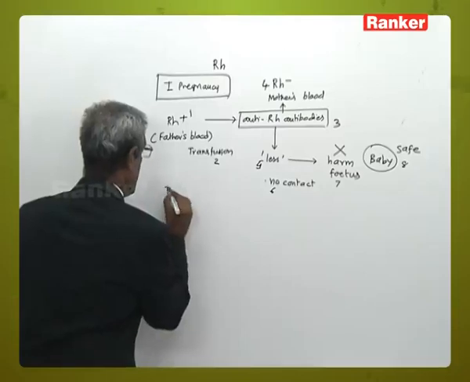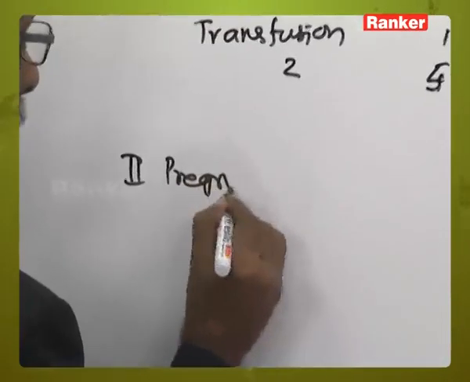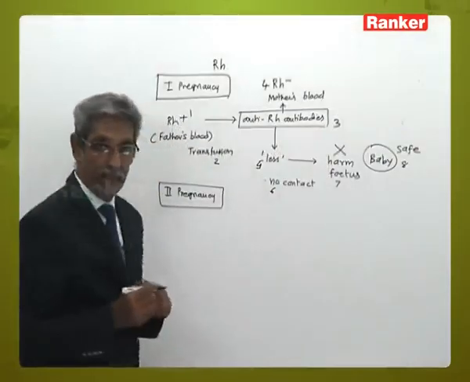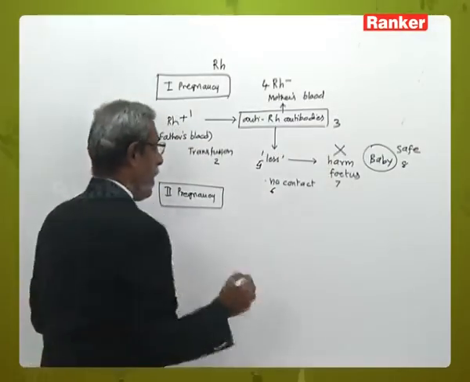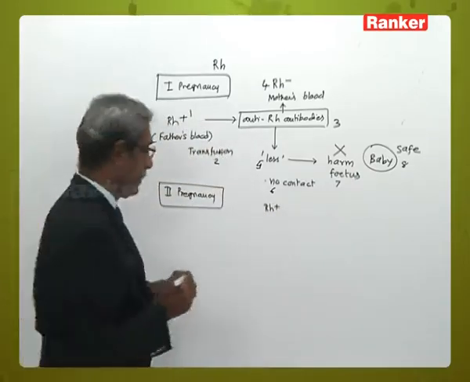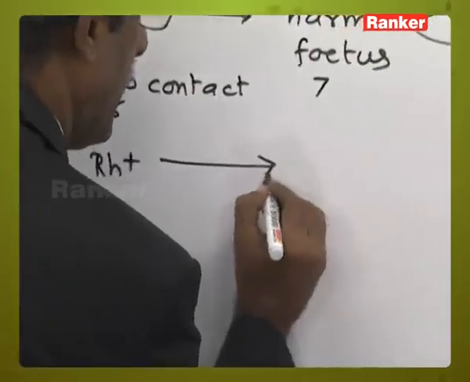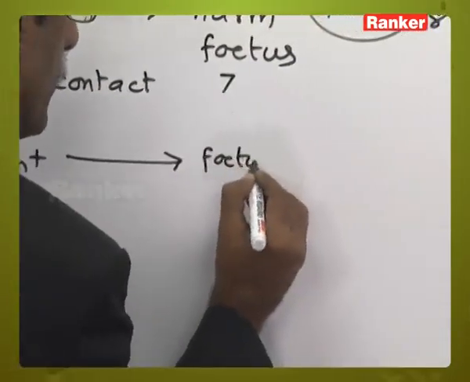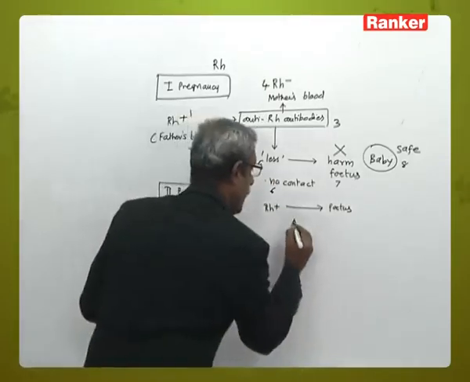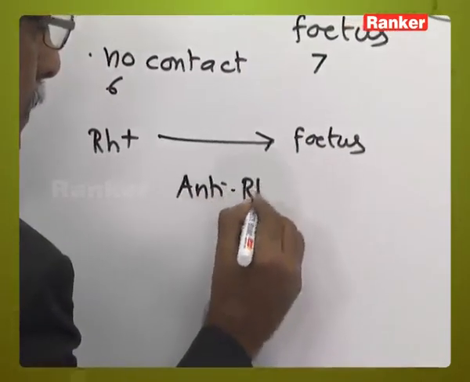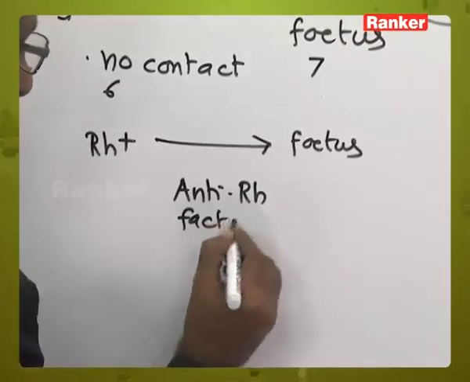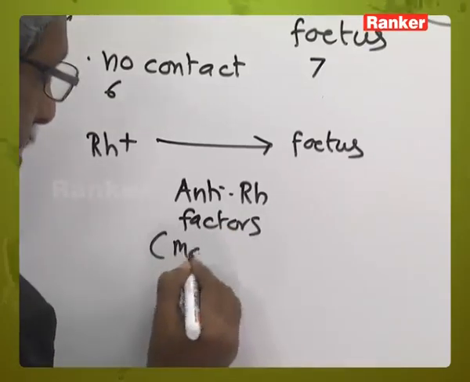During the second pregnancy, Rh plus directly gets into the fetus. The anti-Rh factors are present in the mother's blood.